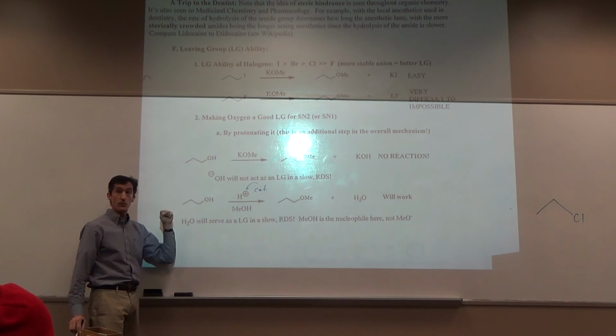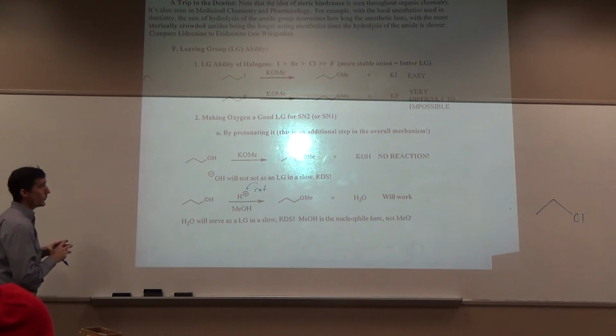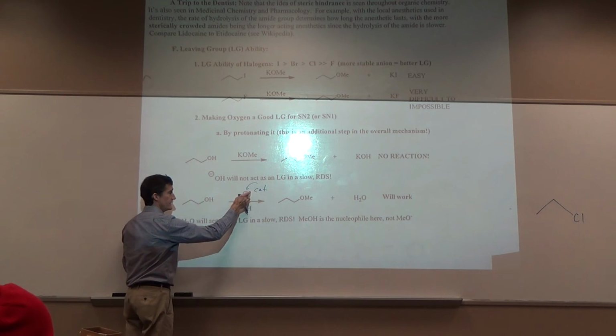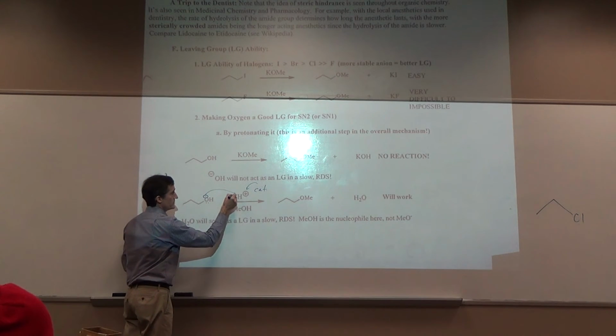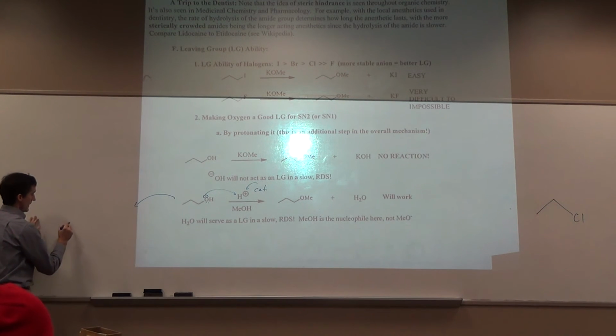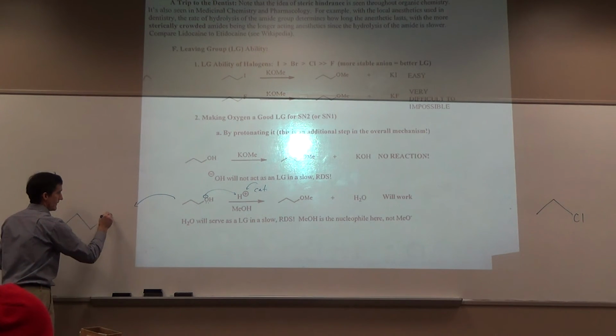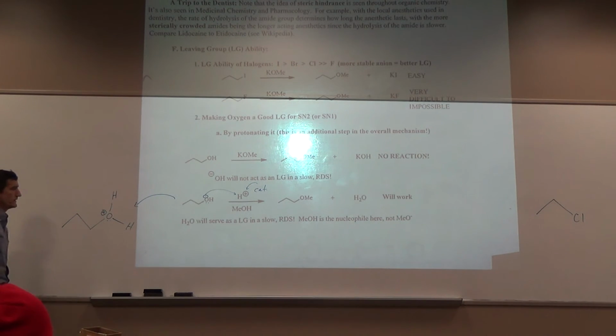So in this scenario, the OH can be a leaving group. What's going on here? What's going on here is that the acid catalyst first reacts with the OH, and the first thing you do is an acid-base reaction. And you get this.